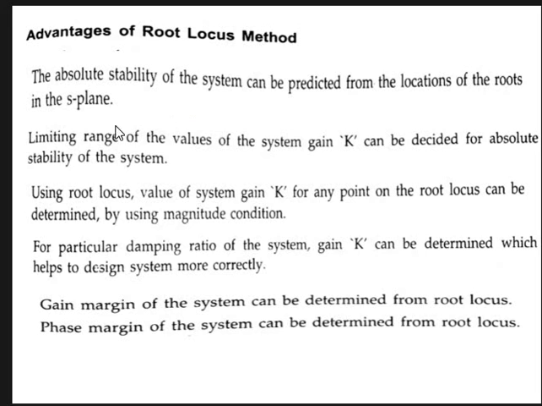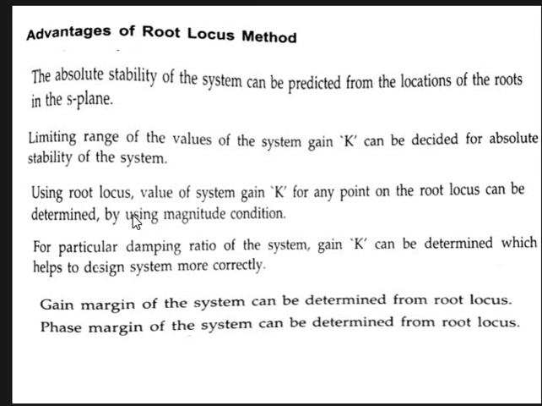First, the absolute stability of the system can be predicted from the location of the root locus in the S plane. Second, the limiting range of the system gain k can be decided from the absolute stability of the system.